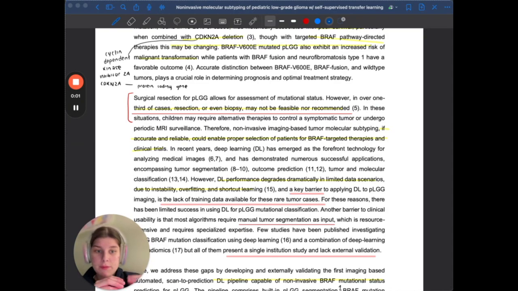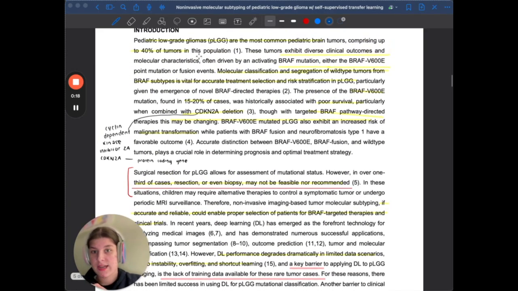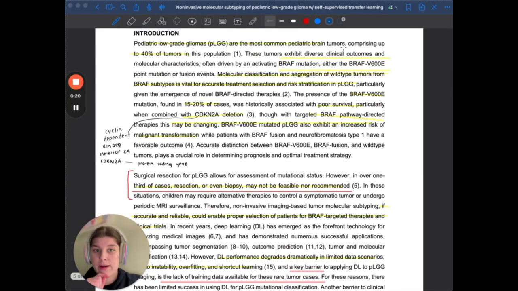Okay, so this deep learning pipeline is a two-stage process. We had 3D tumor segmentation, then the extraction of the axial tumor images, and after that it followed a slice-wise deep learning classification based on the mutational status, which was the BRAF mutation.